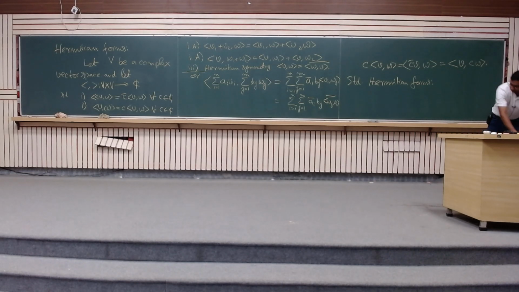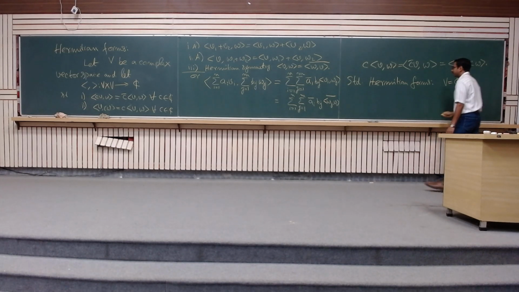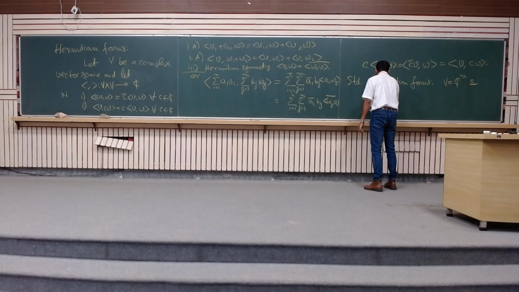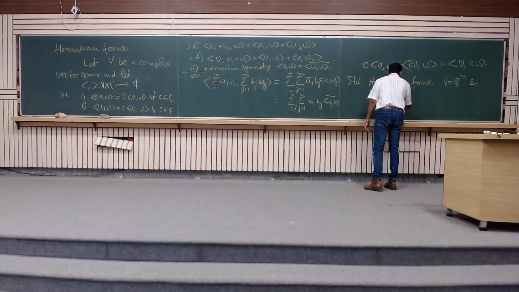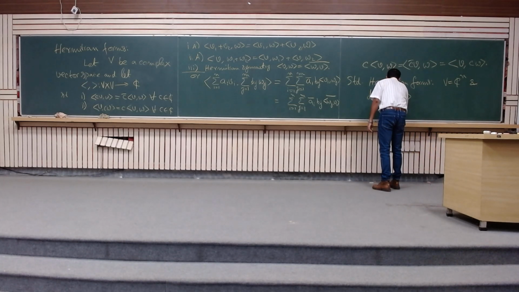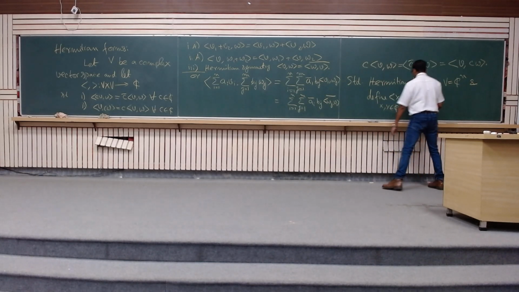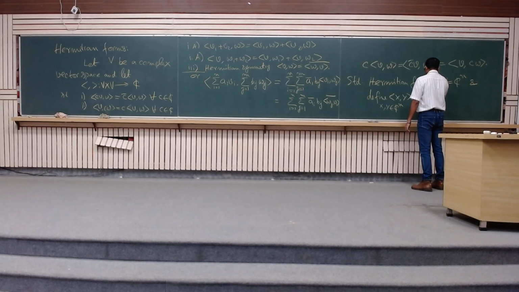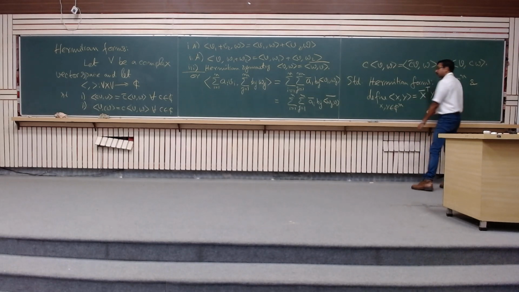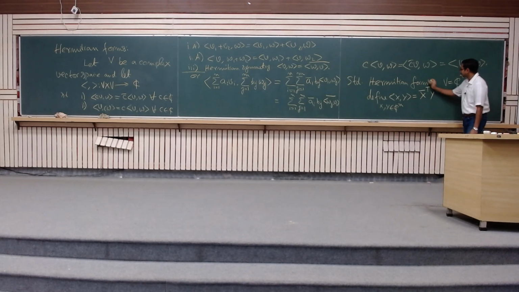So take V equal to C^n and define (x, y), where x and y are elements of C^n, say column vectors. This is just x bar transpose y. And this is the standard Hermitian form.